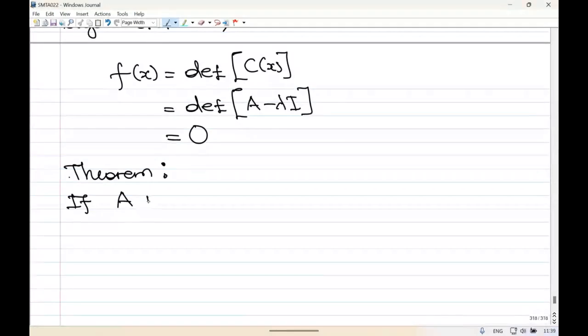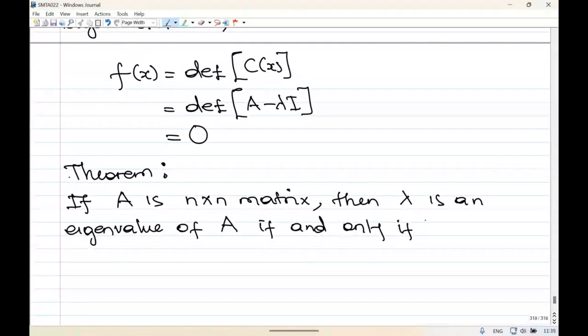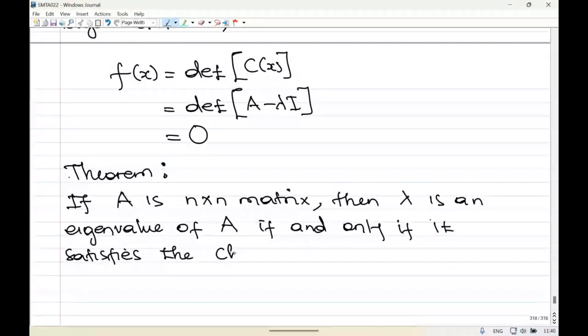If we have a matrix A, and that matrix A is an n by n matrix, then lambda is an eigenvalue of this matrix A if and only if it satisfies the characteristic equation of A.